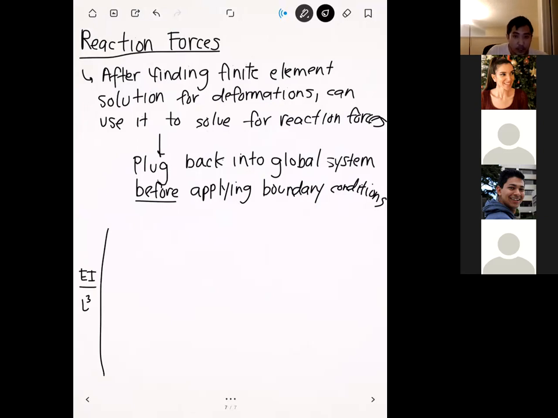After we solve for u1y, we plug in here. Our global stiffness system looked like this: 6L, 4L squared, 6L, 2L squared, 0, 0.